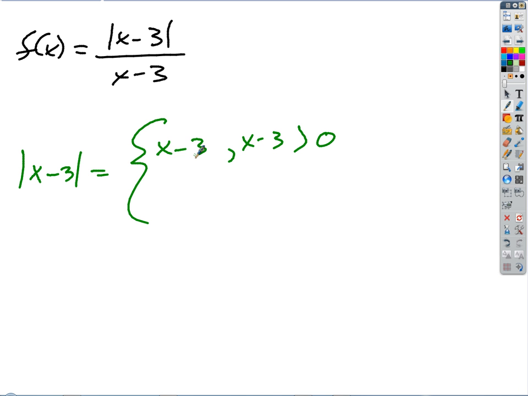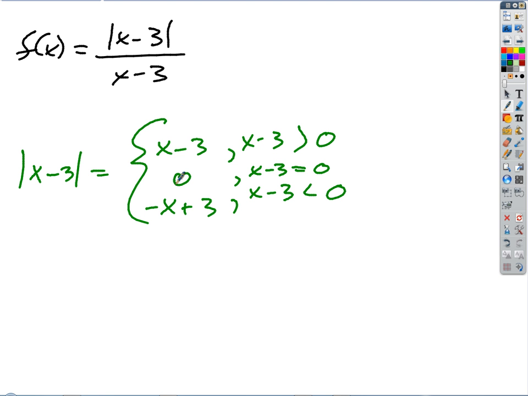When x minus 3 is less than 0, it's the opposite of that, right? It's going to multiply by negative 1. So I'm going to get negative x plus 3. And then the in-between case, when x minus 3 equals 0, it's just equal to 0, right? Does that make sense what I've done there? Okay, and that's always how an absolute value function can be broken down into a piecewise function.